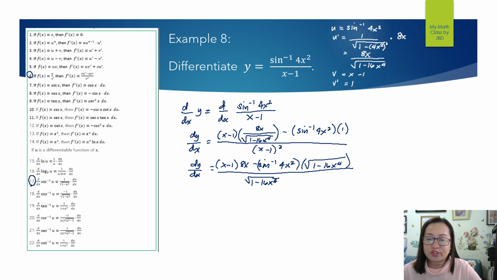Then after writing the numerator using a single fraction bar, we can just get the inverse operation and then the inverse of the denominators. So we have to multiply by 1 over the square of x minus 1.